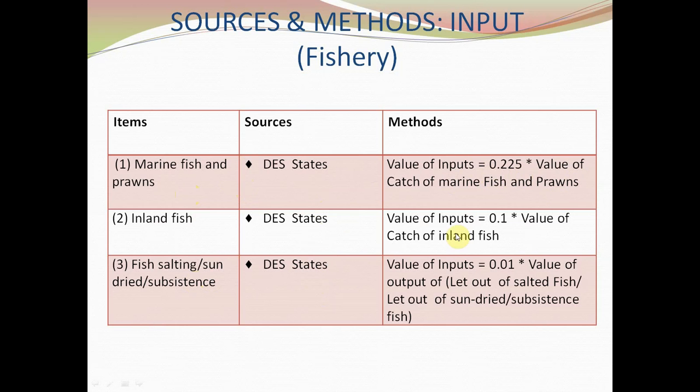For inland fish, input value is calculated by taking 10% of value of catch of inland fish, and for fish salting, sun drying and subsistence fishing, value of input is taken as 1%, that is 0.01 of total value of output of cured salted fish, cured sun dried fish and subsistence fish.